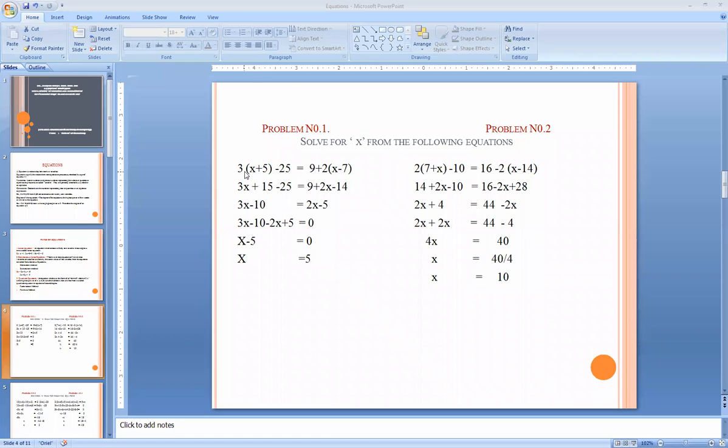When we open these brackets, we have to multiply both the signs as well as the numbers. Here 3 is plus, x is also plus. In equations, you should remember: plus into plus will become plus, minus into minus is also plus, plus into minus will become minus, and minus into plus will become minus.